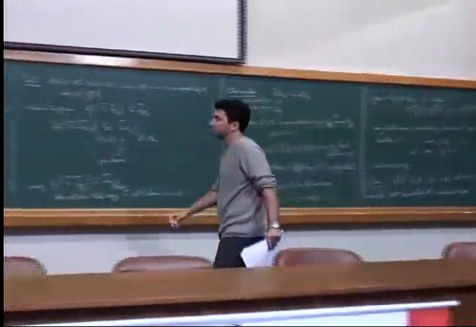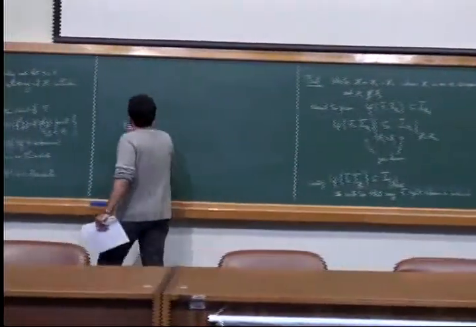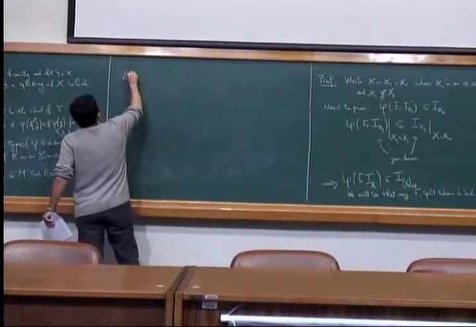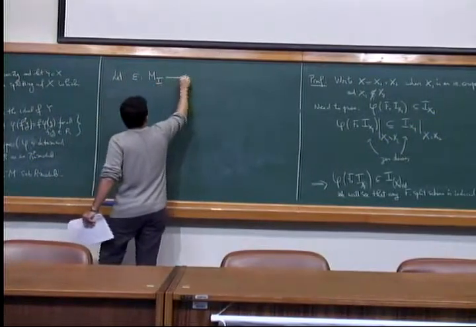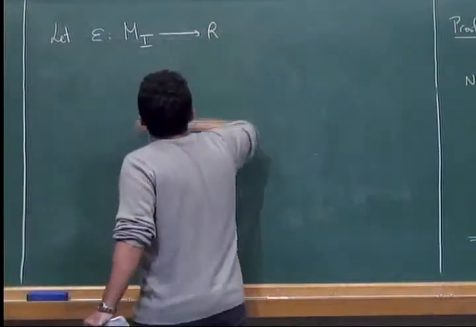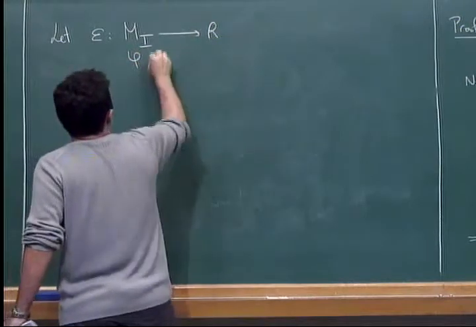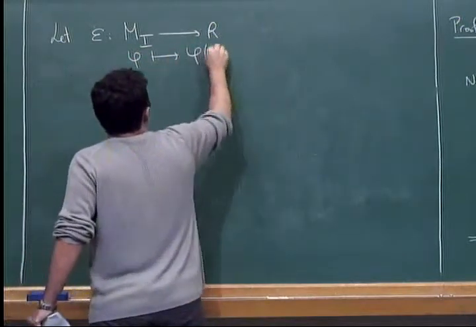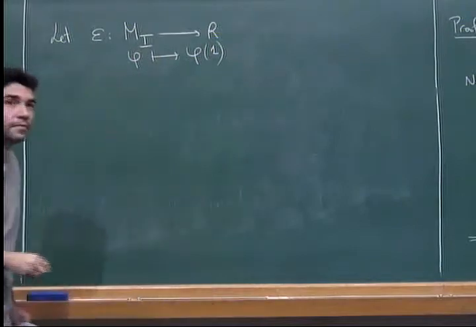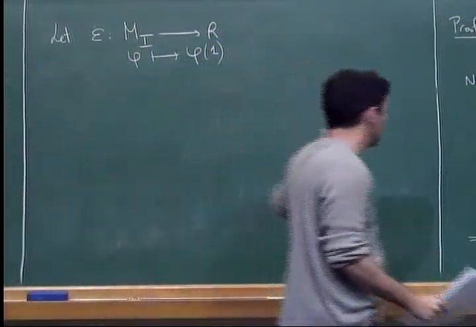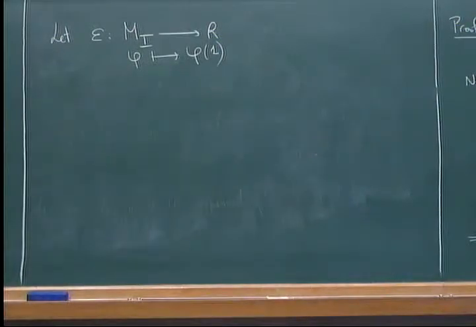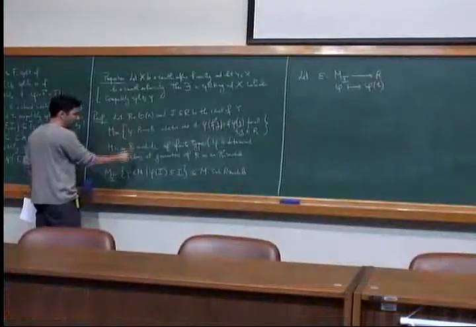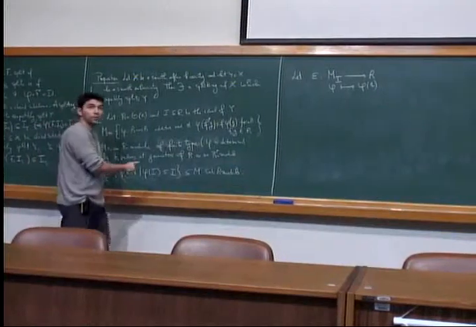Now we can introduce the evaluation map from M_I to R that maps phi to phi of 1. The only condition missing to get a splitting of X that compatibly splits Y is to impose phi of 1 equal to 1.